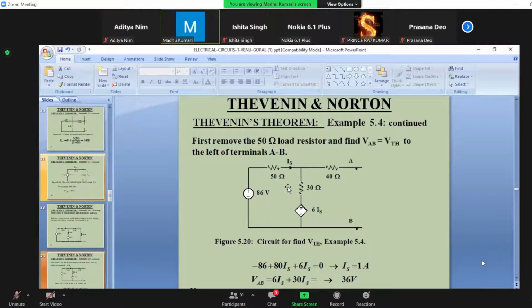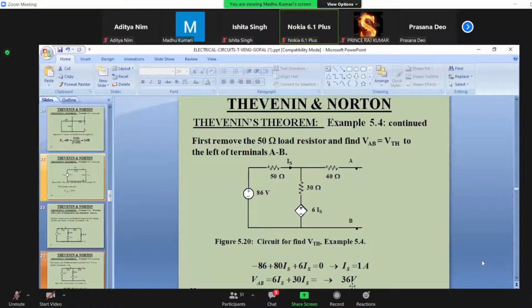By taking the loop, by KVL. What is the value of IS? 1 ampere. VAB equals 6 IS plus 30 into IS, which is 36 volt. So VAB is 36 volt, equal to VThevenin.